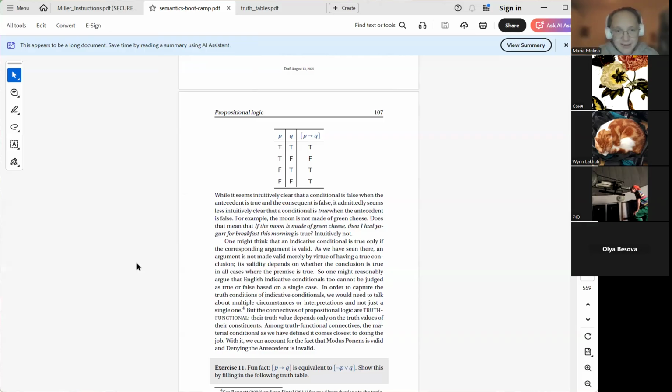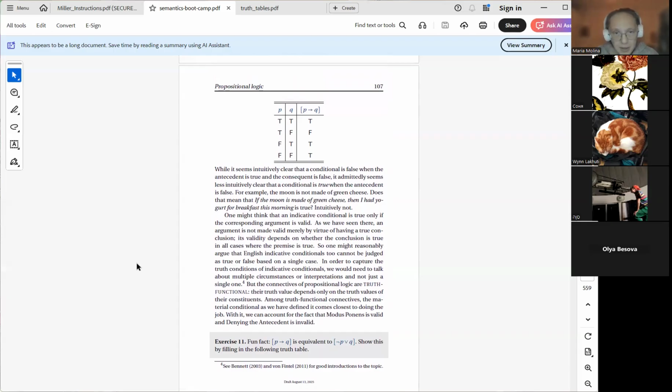You remember we did that, and that's reasonable based on a single case. In order to capture the truth conditions of indicative conditionals, we would need to talk about multiple circumstances or interpretations and not just a single one.